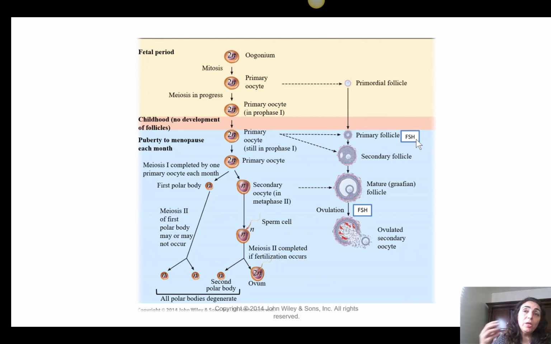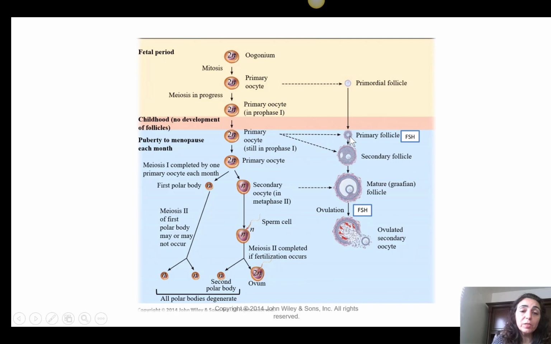The changes start with puberty, and the result is the secretion of FSH from the pituitary, right? Now this FSH affects the follicle. Which follicles? Primordial follicles. The primordial follicle becomes a primary follicle, right?